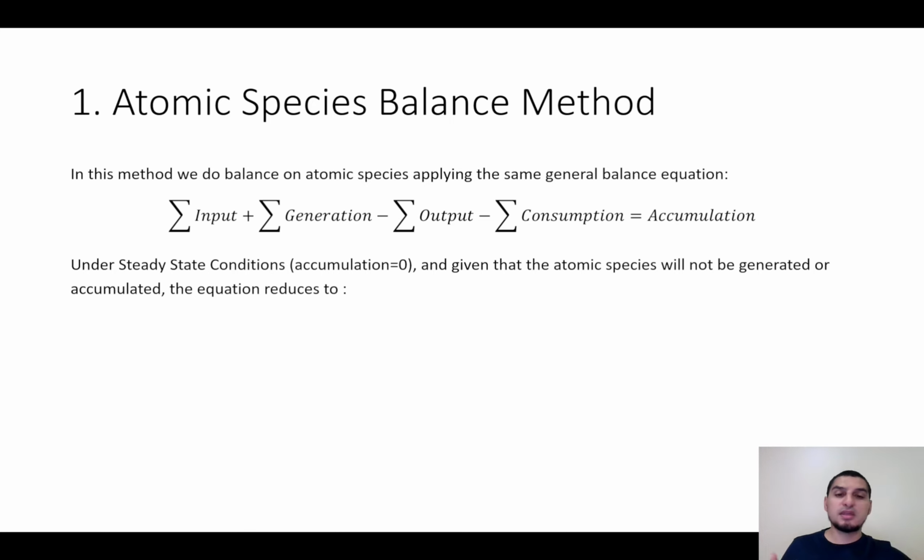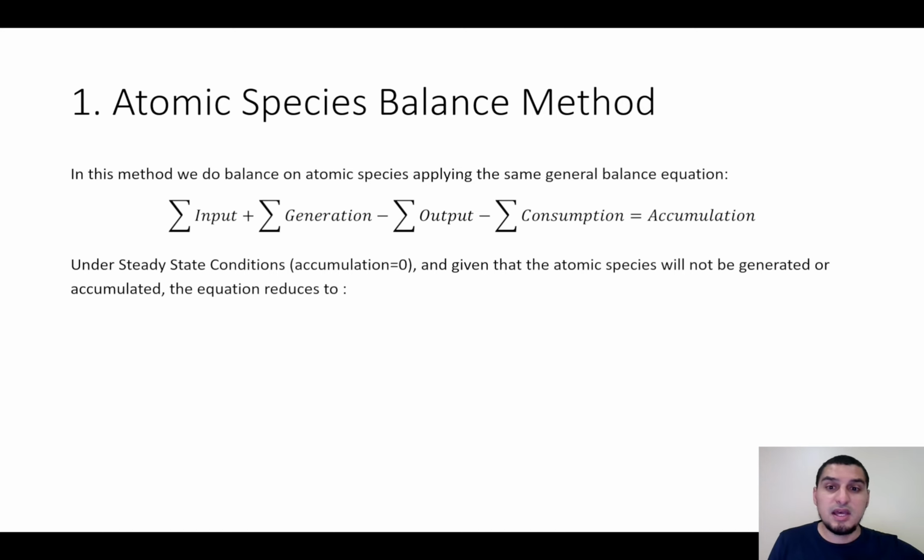And we said before that when we do a reaction, one of the main things that we need to check in the very beginning, before we start doing any calculations regarding the reaction, is the balance of the reaction. And we said the balance of the reaction means that the number of atoms of any element in the feed is equal to the number of atoms of the same element in the product. So this is something that we have to keep in mind.